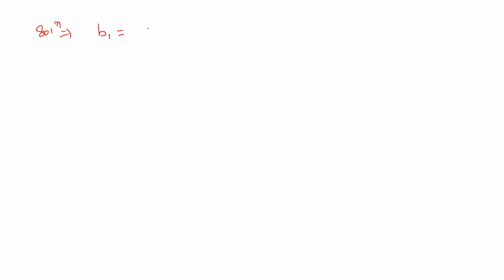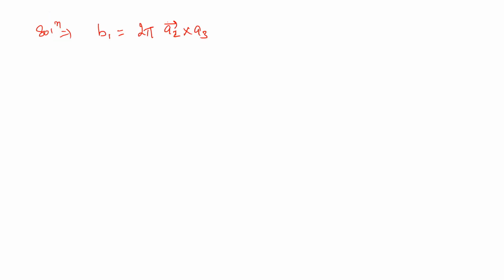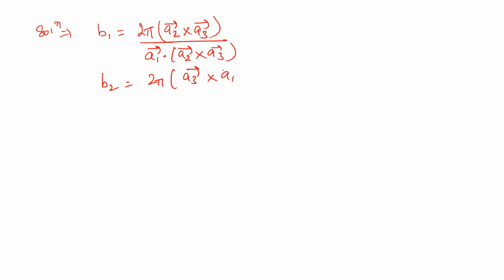B1 will be equal to 2 pi A2 cross A3 upon A1 dot A2 cross A3. B2 is equal to 2 pi A3 cross A1 upon A1 dot A2 cross A3, the scalar triple product of these translation vectors of the direct lattice.